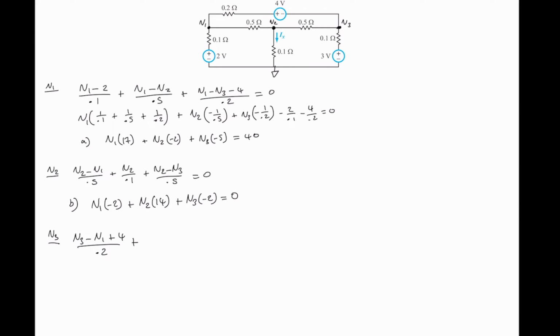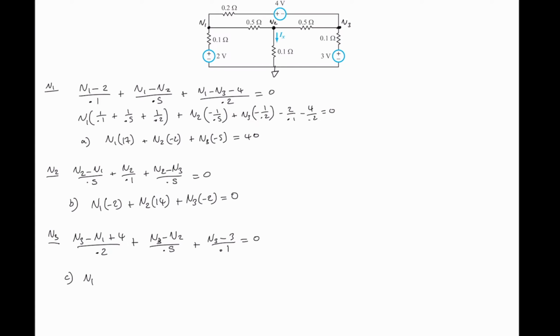Plus V3 with reference to V2 all over 0.5 ohms, plus V3 with reference to the 3-volt source on the lower right of the circuit, that is V3 minus 3 all over 0.1 ohms, and that's equal to 0.